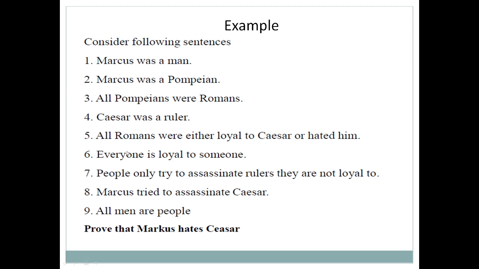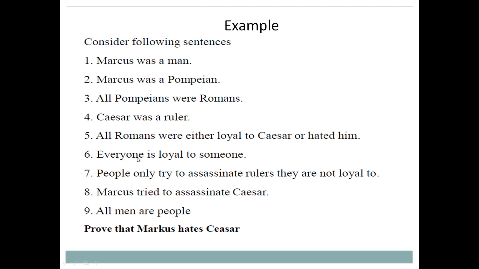This is a statement where we have both things. We are talking about all, and also about some or few. That means we have to make use of both quantifiers, not only the universal quantifier but the existential quantifier also, in order to represent this.